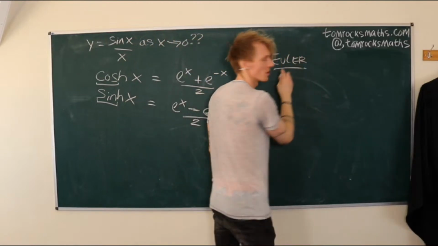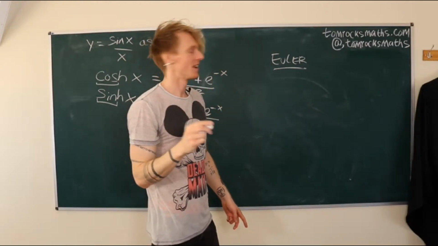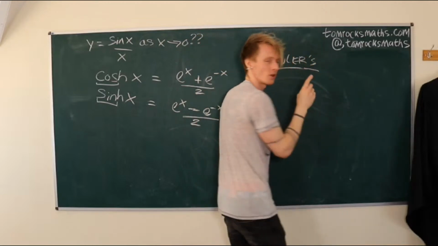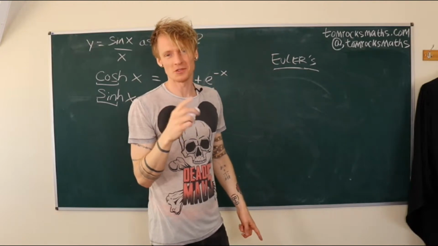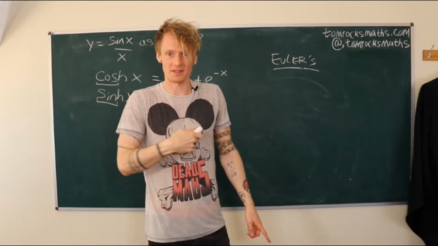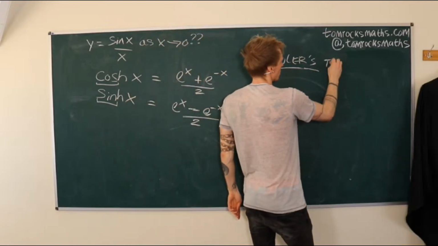I was asked about Euler's identity by somebody called Tom, great name. Euler's identity is maybe a bit confusing, because Euler's identity usually means e to the i pi plus 1 is 0, the one I have tattooed here, in fact.